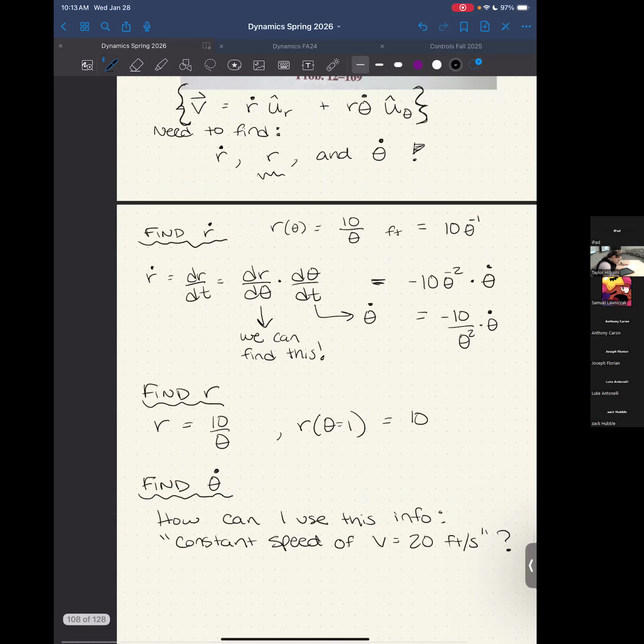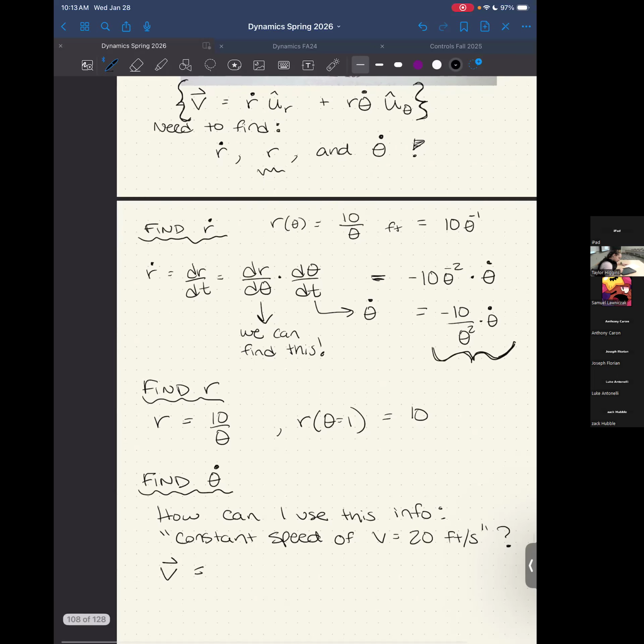Okay, so if I want to write velocity, I'm going to plug in this expression that we found for r dot. So that would be minus 10 over theta squared times theta dot, all times u hat r, plus r times theta dot. So for r we have 10 over theta, times theta dot in the u hat theta direction.